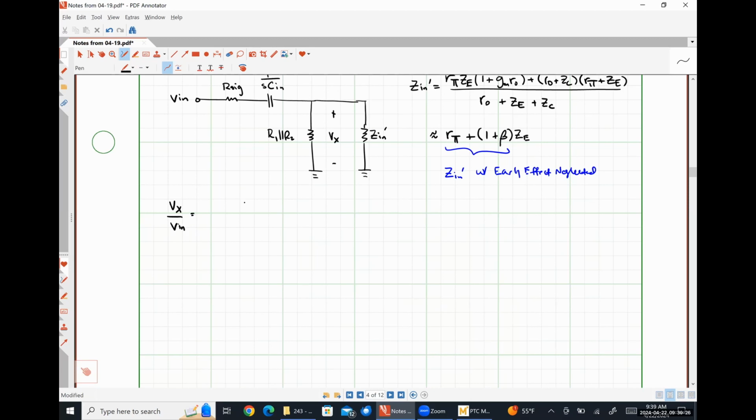So we would be finding the ratio of R1 in parallel with R2 in parallel with Zn prime, divided by R sig plus 1 over SCN plus R1 in parallel with R2 in parallel with Zn prime. Now I'm skipping a ton of math here because we're a little bit behind where I wanted to be.